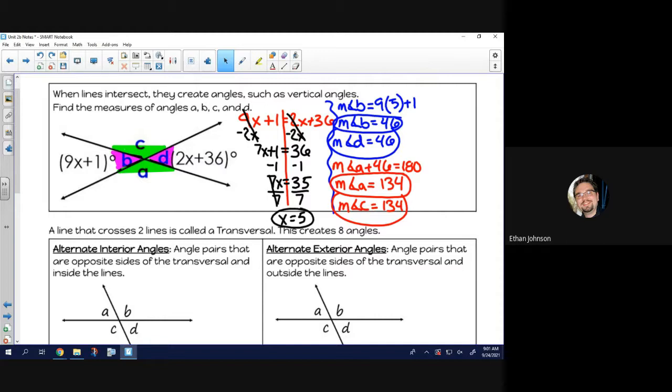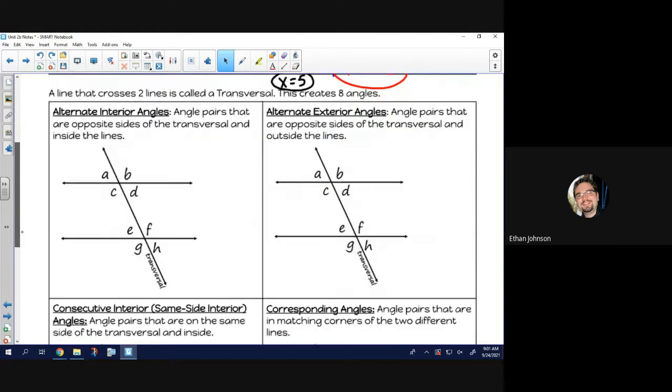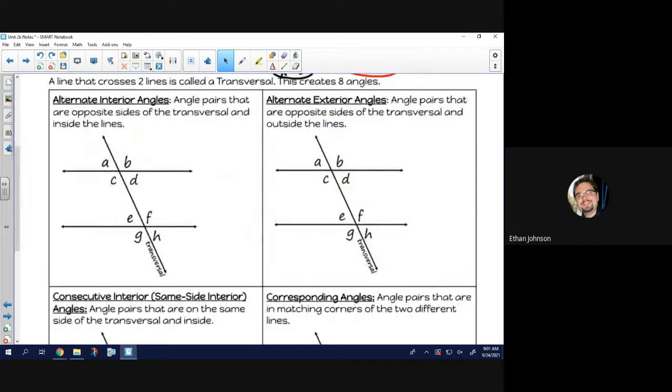So, the two angle pair relationships that we talked about, vertical angles and linear pair, you will always have, because those happen when two lines cross. However, if we added another line, such as seen on the screen now, we have more relationships that could happen.